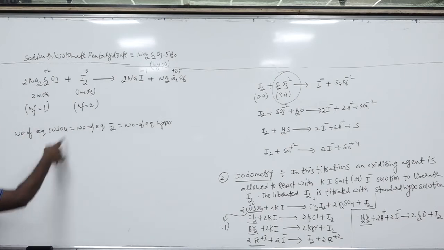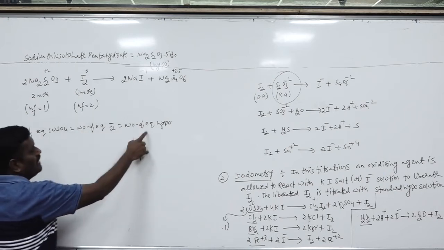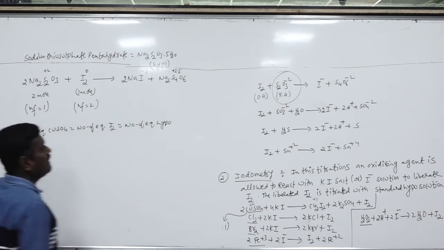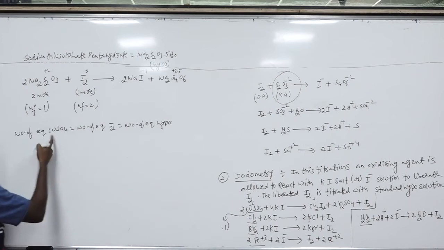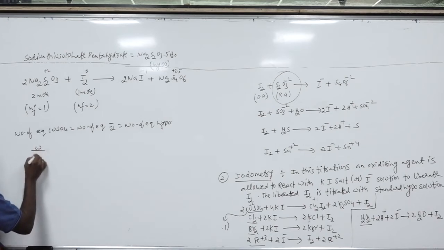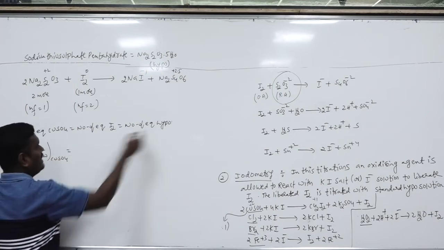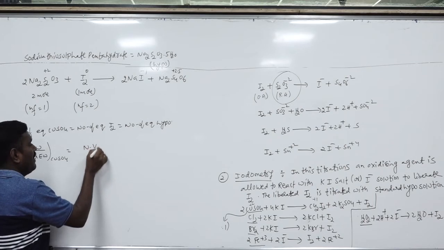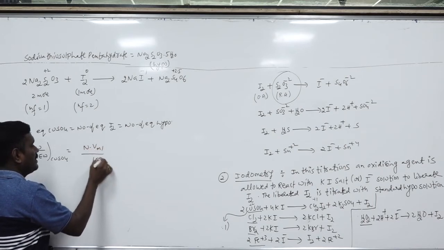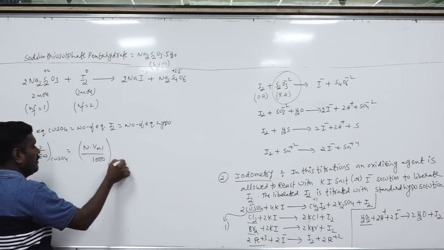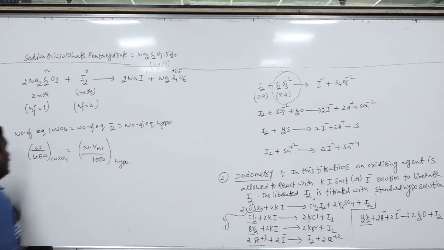Otherwise, if we know the number of equivalents of copper sulfate, we can find the number of equivalents of hypo. The number of equivalents of copper sulfate is W by gram equivalent weight of copper sulfate. How to find the number of equivalents of hypo? Normality times volume in ml by 1000. This is regarding hypo, and this is regarding the weight of the copper sulfate. Are you getting my point?